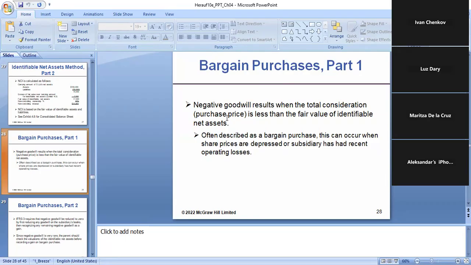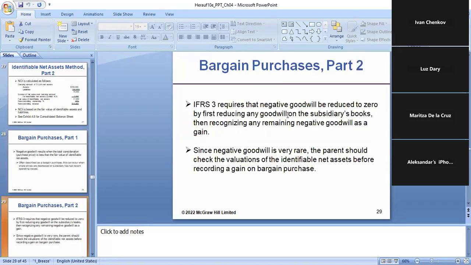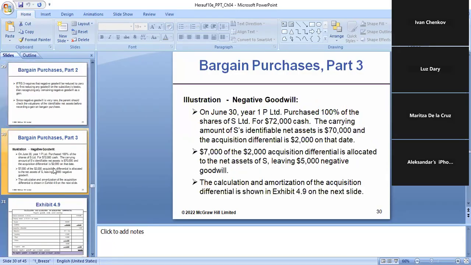In that case, that requires that the negative goodwill be reduced to 0 by first reducing all the goodwill in the subsidiary books, and then recognizing the remaining negative goodwill as a gain. Since negative goodwill is very rare, the parent should check the valuation for the identifiable net assets.